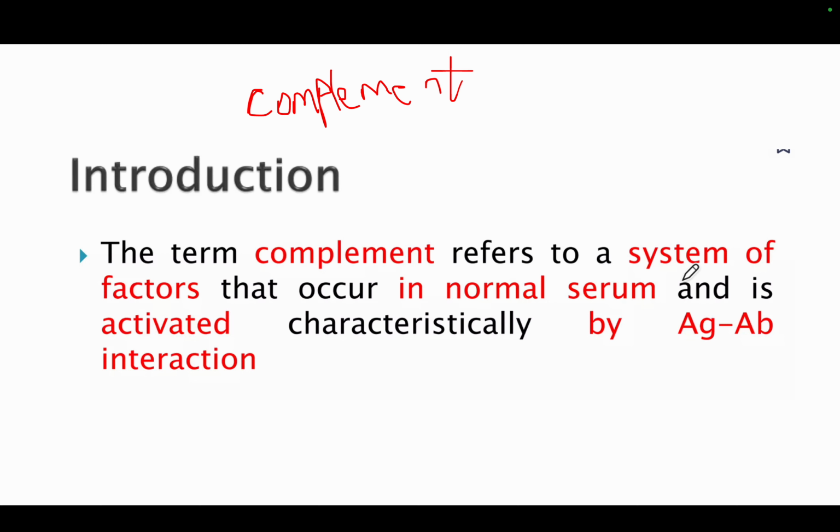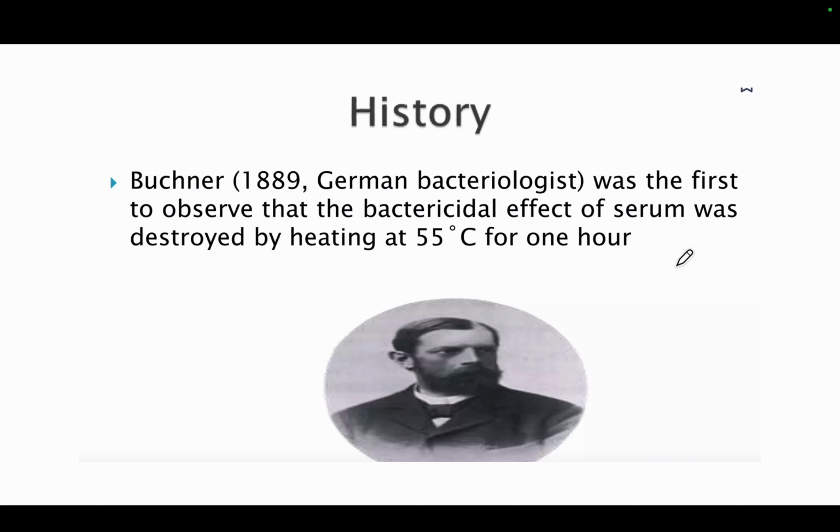It's not a single component, but a system. That's why it's called the complement system, of several factors that occur in normal serum, and this system gets activated characteristically. There are specific mechanisms by which it gets activated, especially by antigen antibody interaction.